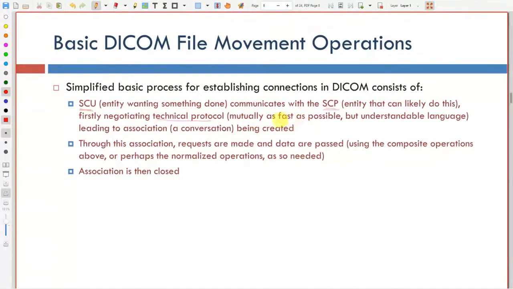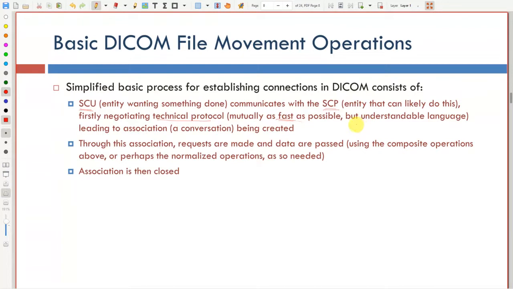Of course, you try to have as fast a connection as possible, reaching the top speed of your network communication, and use an understandable language so you can receive the information without any problems.